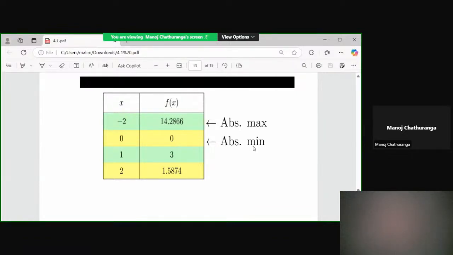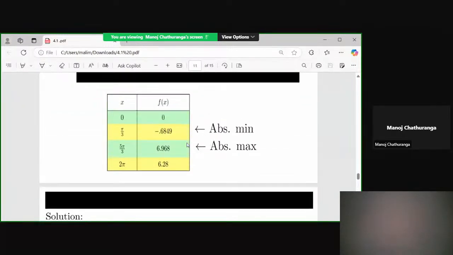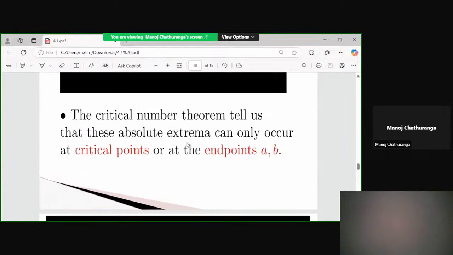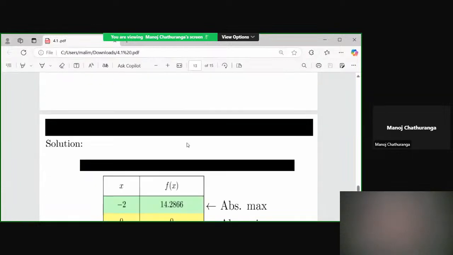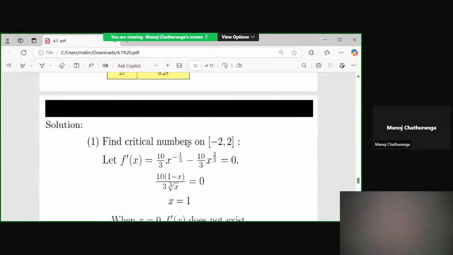So at 0, I have a minimum. If I compute the function value... For some reason, I think there's a missing slide. Let me find this function.